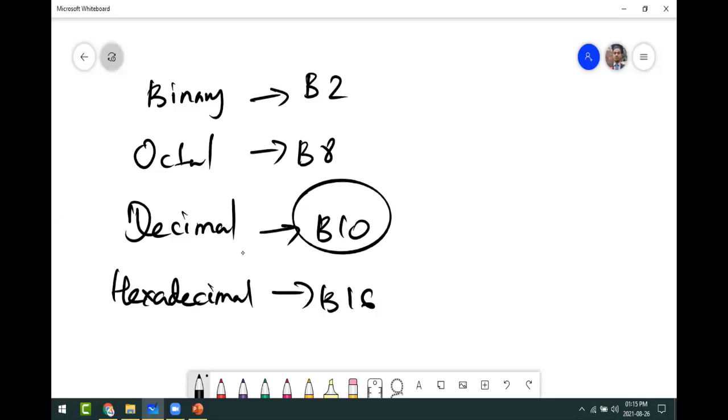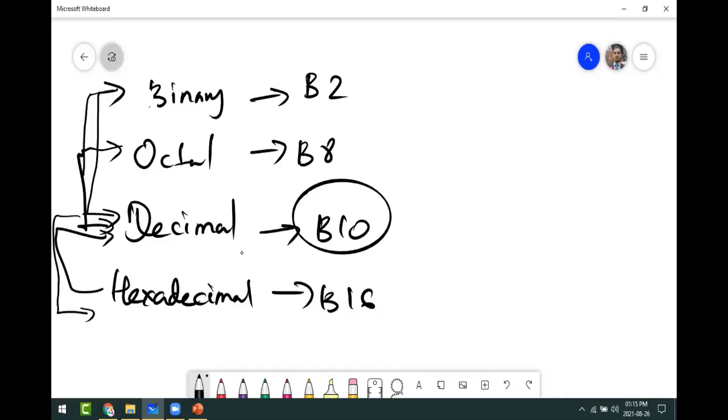So when we did all this conversion, sorry, not binary to octal, today we have to discuss that. Binary to decimal and decimal to binary, likewise octal to decimal, and from decimal to octal, and also from hexadecimal to decimal, and also decimal to hexadecimal, right?